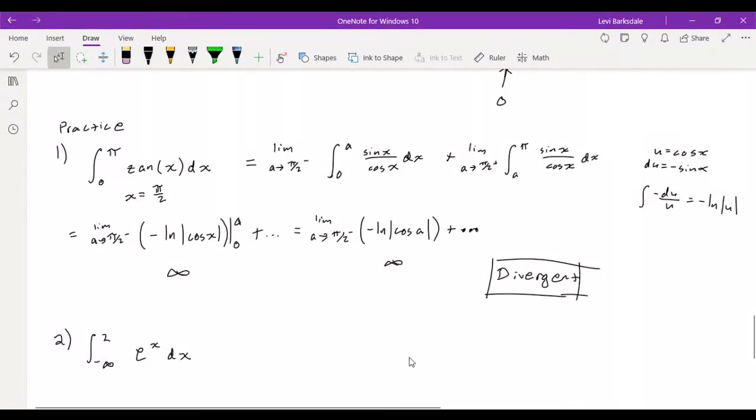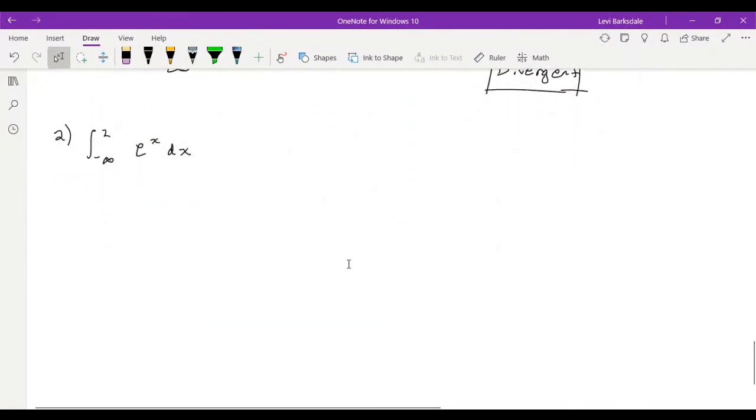All right, let's take a look at this second improper integral. There's the problem spot, that negative infinity. e to the x dx does not have any vertical asymptotes, so we don't have to worry about that. So let's go ahead and rewrite this.